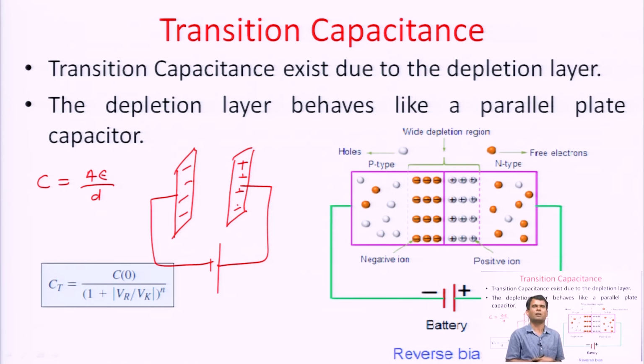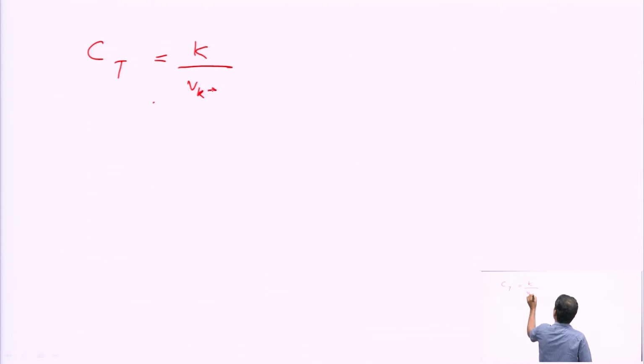This means the depletion layer of the diode will behave like a parallel plate capacitor, and the transition capacitance due to the depletion layer is given by Ct is equal to K upon (Vk plus Vr) whole raised to the power n, where K is the proportionality constant, Vk is the knee voltage, and Vr is the applied reverse voltage.